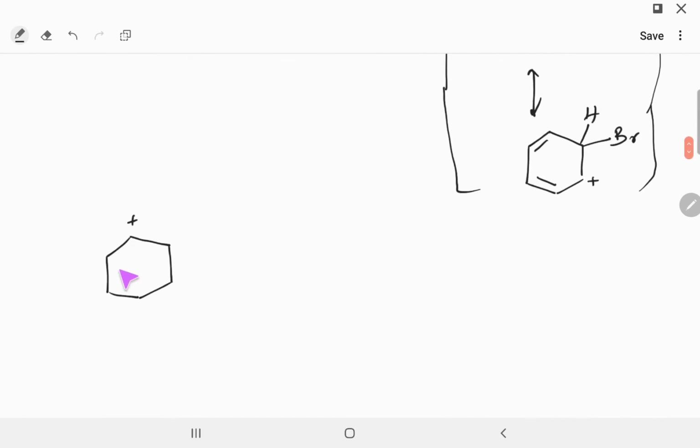I have 2 double bonds here, and the bromine and the hydrogen. What happens is that the anion will attack the hydrogen, and it will use those 2 electrons to get the aromaticity back.